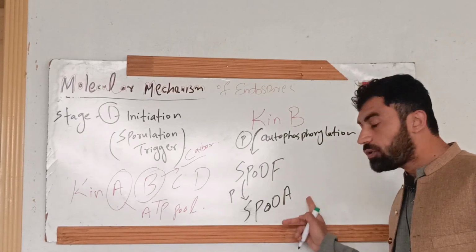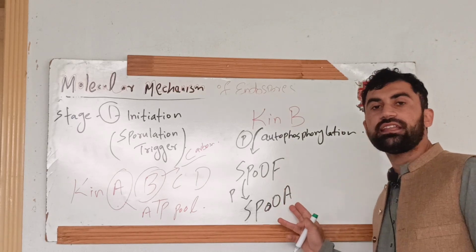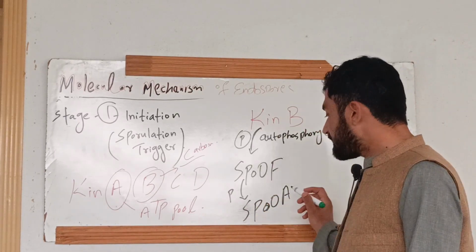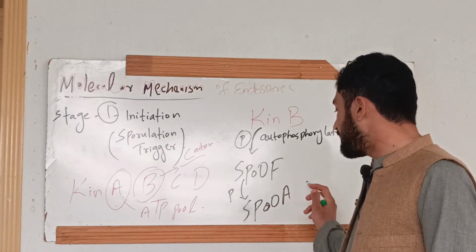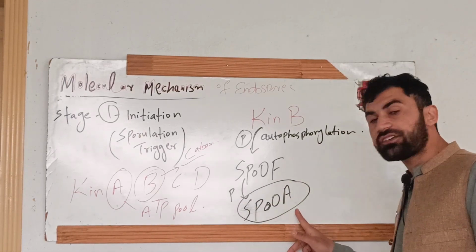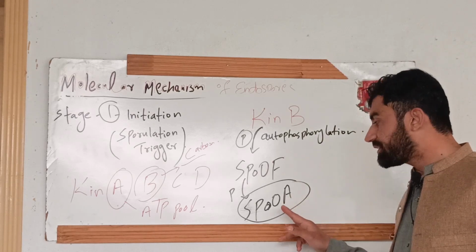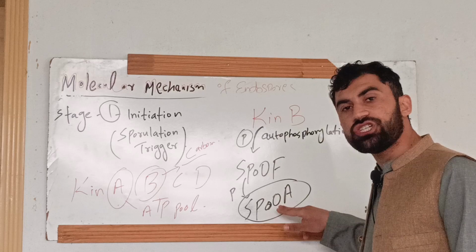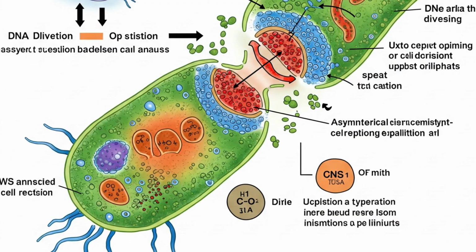Now, if the Spo0A concentration is high in the cell, it means that this cell will form an endospore, because the endospore decision is based on the concentration of Spo0A protein, and these are the master regulators, which means that these proteins control the expression of genes which are involved in endospore formation.